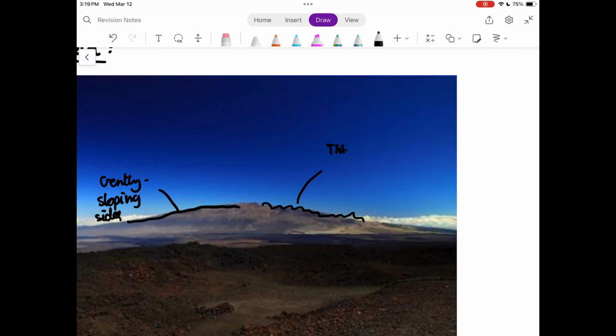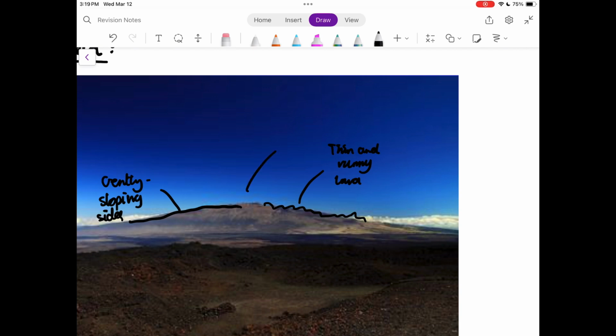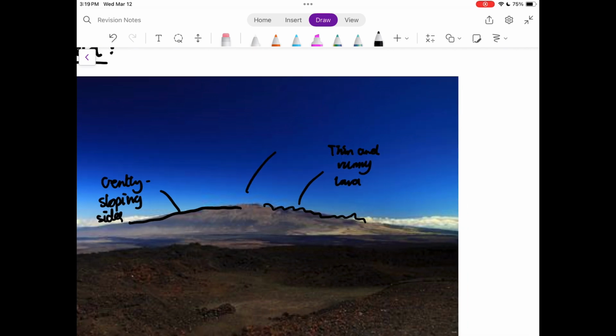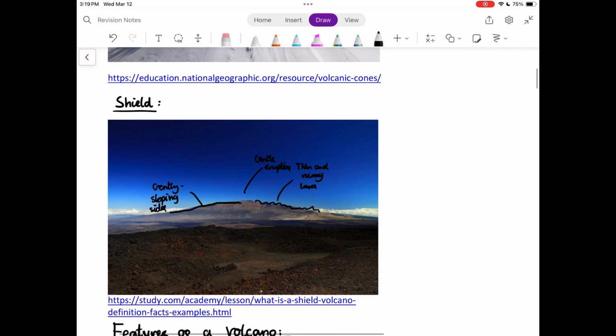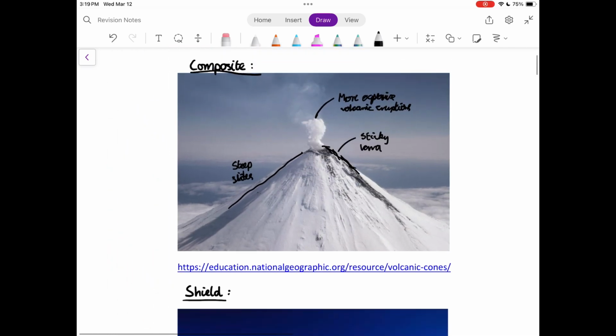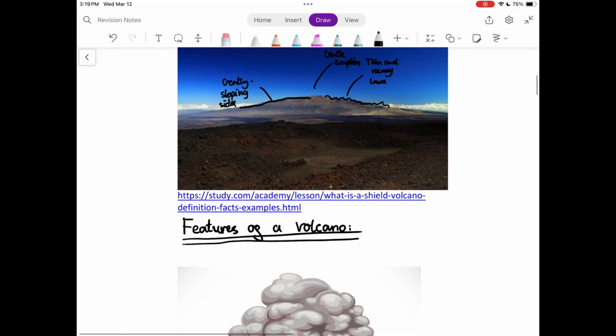So thin and runny lava. And also when it does erupt, the explosions are more gentle. So gentle eruptions. Okay, so that's all you need to know for the characteristics of these two types of volcanoes.